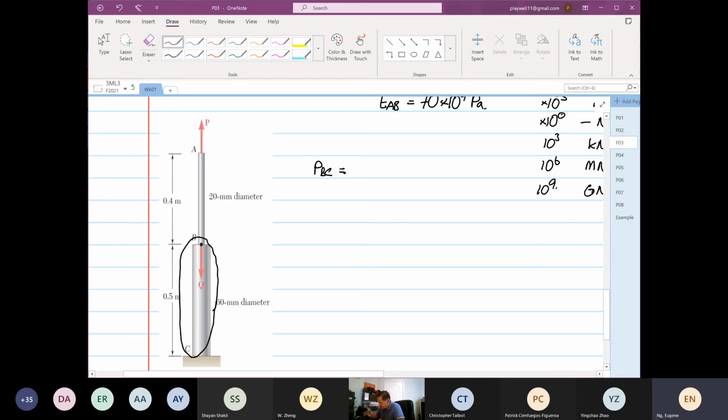The notation is tensile or compression. Now, question for you: is P going to induce a tensile stress on BC or compression? Tensile. So it's positive P. Q is pushing into the BC side, so it's going to be minus Q. And we know that P is equal to 4 kilonewton.